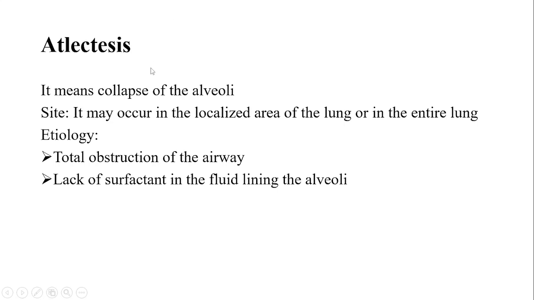Now this same collapsing tendency of the alveoli can happen in adults. In that case we call it atelectasis, and this atelectasis may occur in a localized area of the lungs or in the entire lung if there is total obstruction of the airway or lack of surfactant or fluid lining the alveoli.